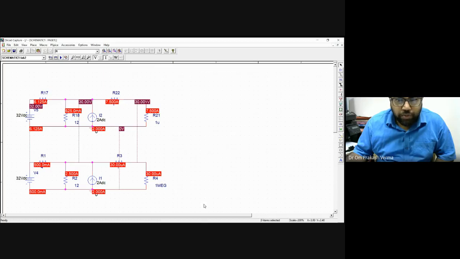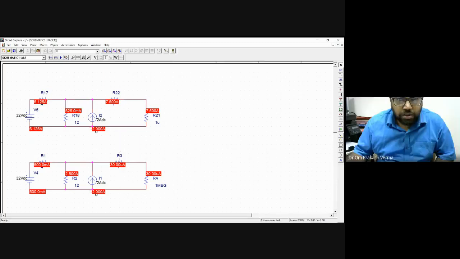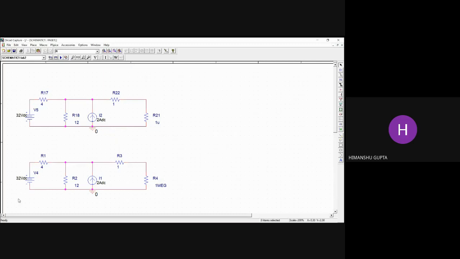So how can we get 4 ohm? I will just say how I calculated it. After simulating, firstly I replaced this load resistance, R21, with a 1 micro ohm resistance.